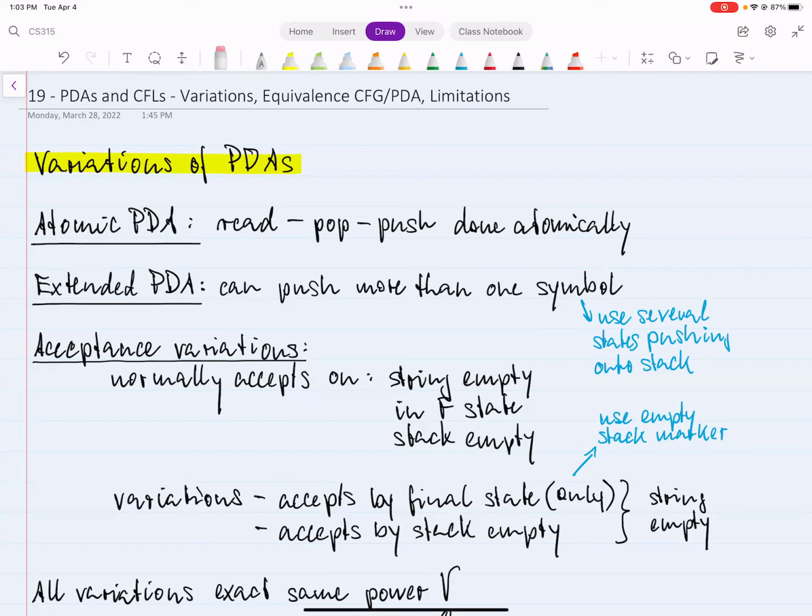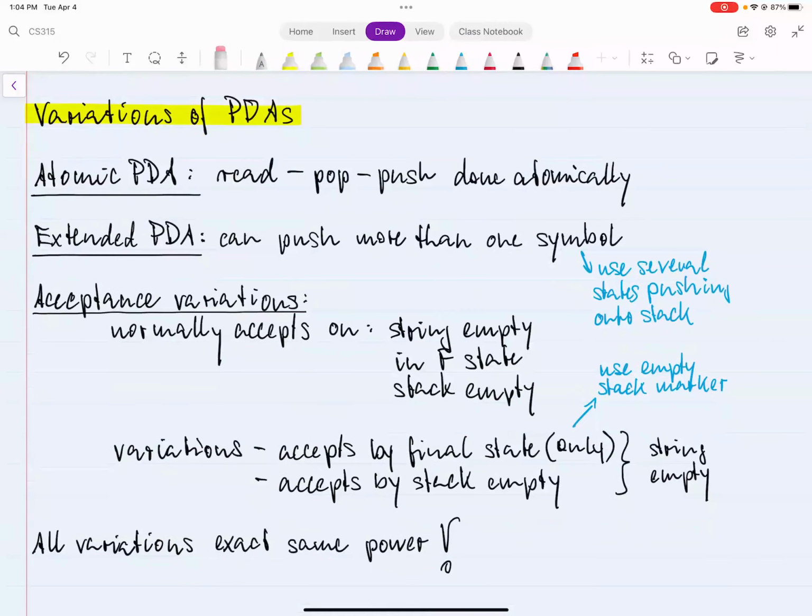What can you say about the input string? It should have been eaten up. Right. Empty stack, empty input string. What else? Third ingredient. Final state. We also need to be in the final state. So our very straightforward standard PDA has to have these ingredients in order to accept: empty input string, empty stack, and final state.